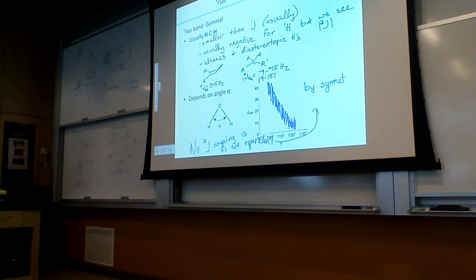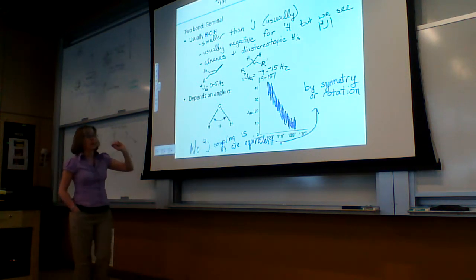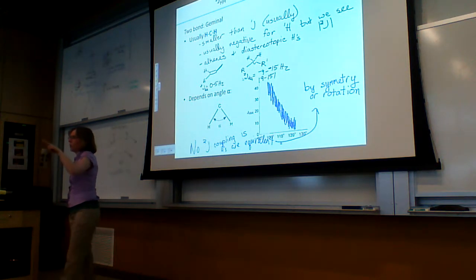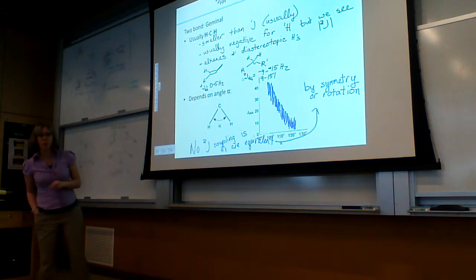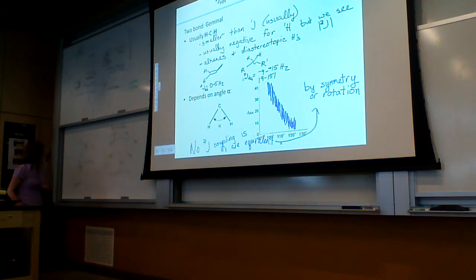And that's why we haven't seen it very often before. Typically, the two hydrogens that are attached to the same atom don't split each other. But now we're going to start seeing examples where they will, and it's going to make for much more complicated spectra.